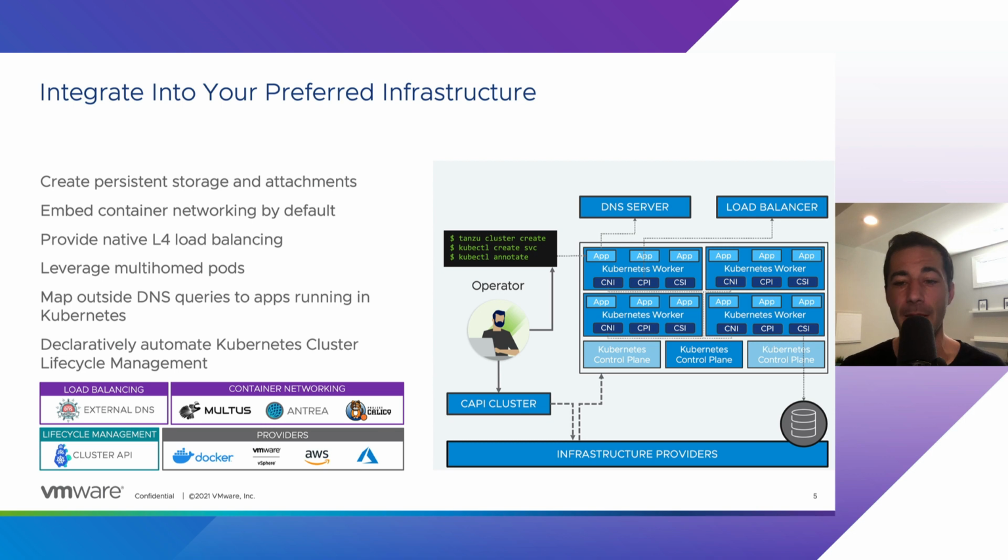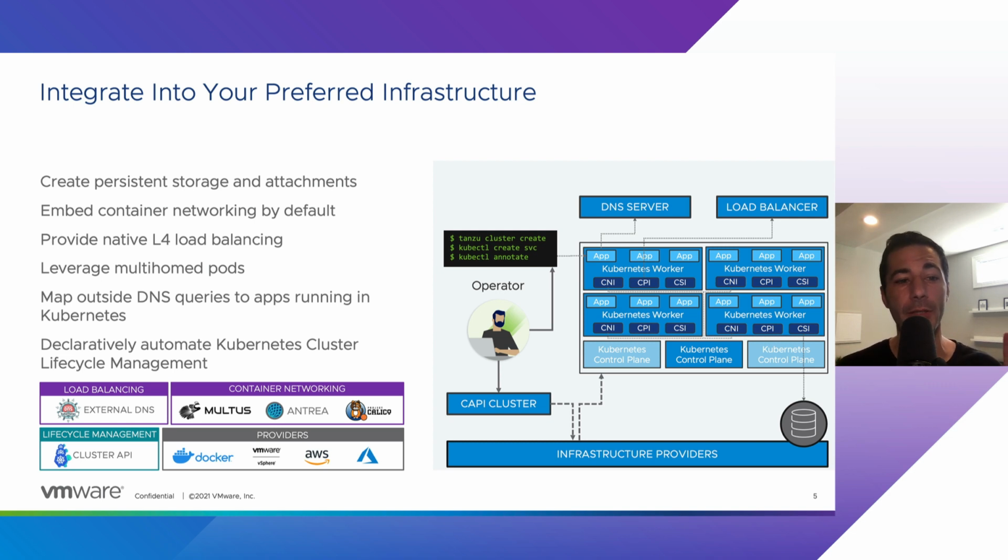I can place an annotation on a particular service, and that annotation knows how to talk to my DNS service. Once it's created, it will automatically create an A-name or a C-name record inside of the DNS service so I can go ahead and talk to it. And again, you can do this for layer 4. You can also do it for layer 7 ingress types of services as well.